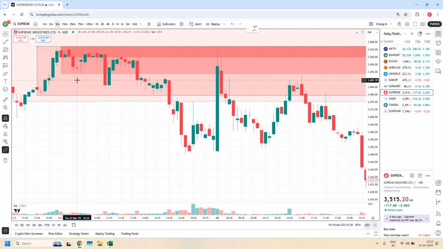But if the first time itself it is violated, then we will consider that a failure of that zone, because it hasn't given any successful trade. But this one gave you several times. Maybe we captured here, but at the time of zone creation, see here, it gave a very good profit. Next time, almost the same level it reached.